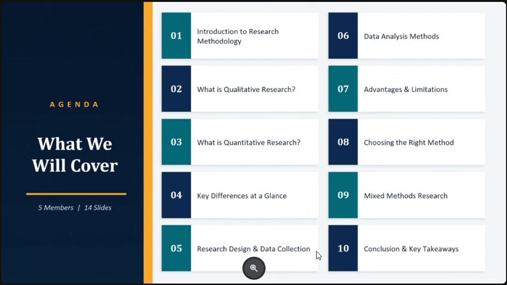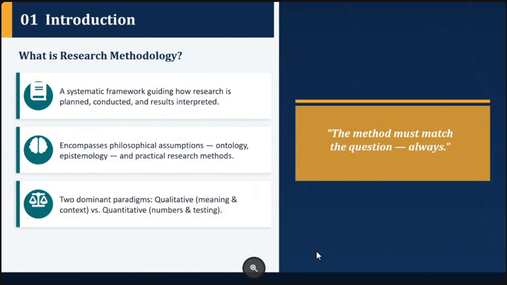It is rooted in philosophical ideas: ontology, which is our assumption about reality, and epistemology, which is how we believe knowledge is created. Those two ideas determine which research approach a researcher will use. There are two dominant approaches, qualitative and quantitative.